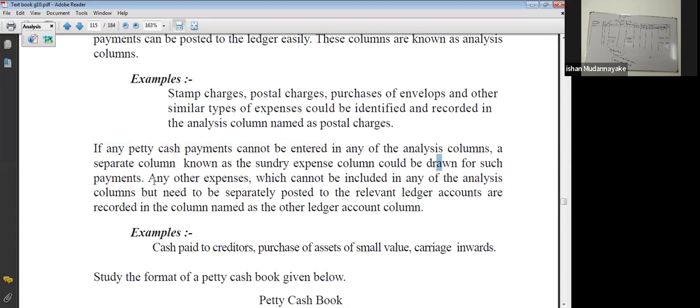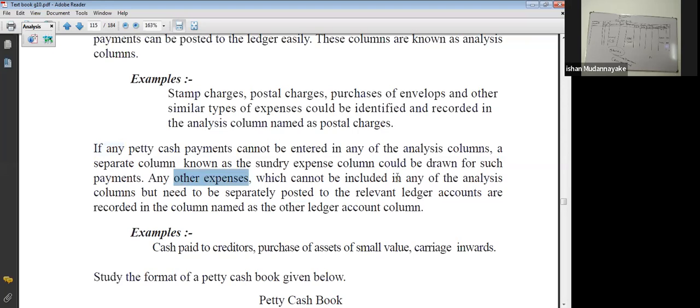Okay, if we can't categorize an item into one category, we record that item under the sundry expenses column. Sundry or miscellaneous.